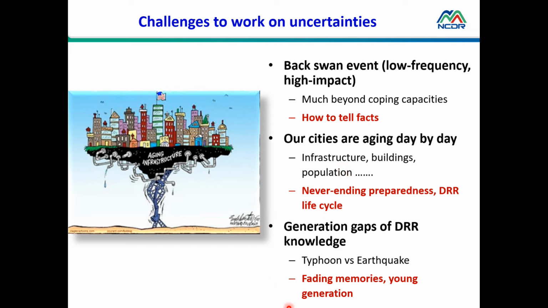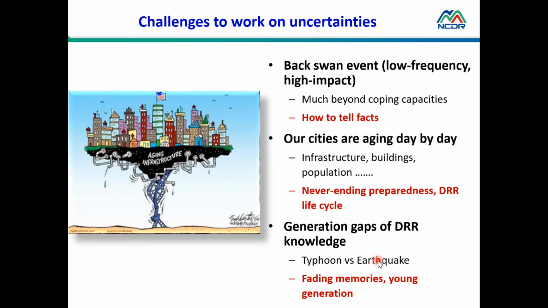And do remember one thing. This is one fact I observed in Taiwan. I call it the generation gap of DRR knowledge. Compare typhoon and earthquake. In Taiwan, we have almost 4 typhoons every year. So everyone's memory about typhoon is fresh. But a destructive earthquake might happen every 20 years.